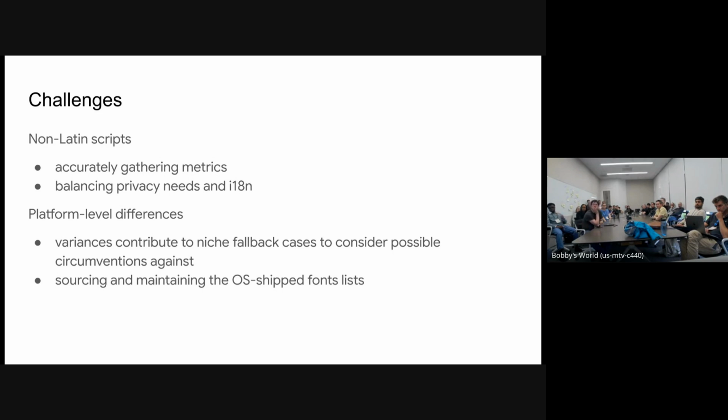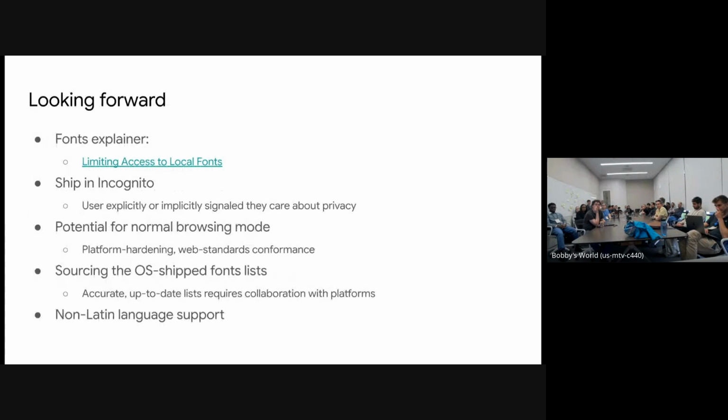Different platforms have different font caching and fallback mechanisms. We need to consider all those differences because attackers may consider circumventions against our efforts, so we need to play a cat and mouse game there. And we also need to think about how we're going to source and maintain these OS shipped font lists in the future in a more accurate, up-to-date manner.